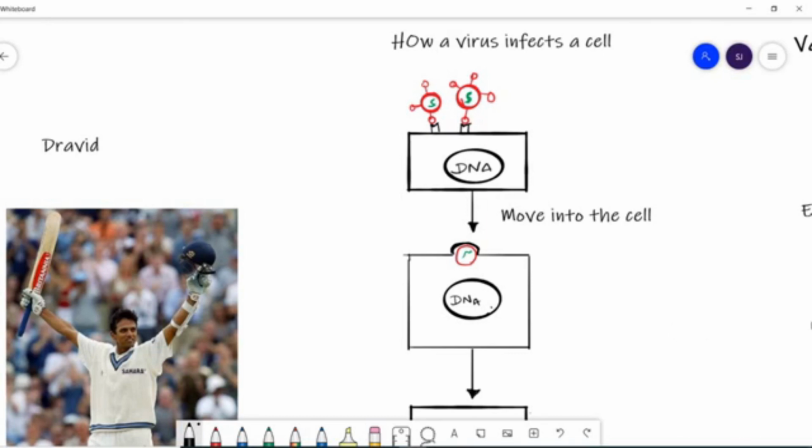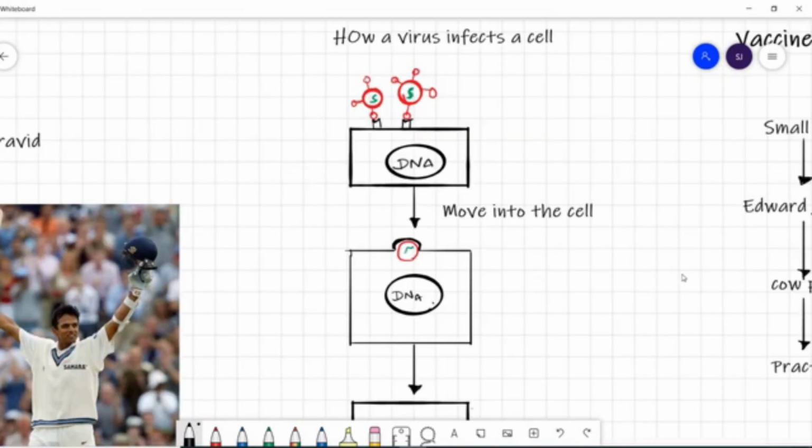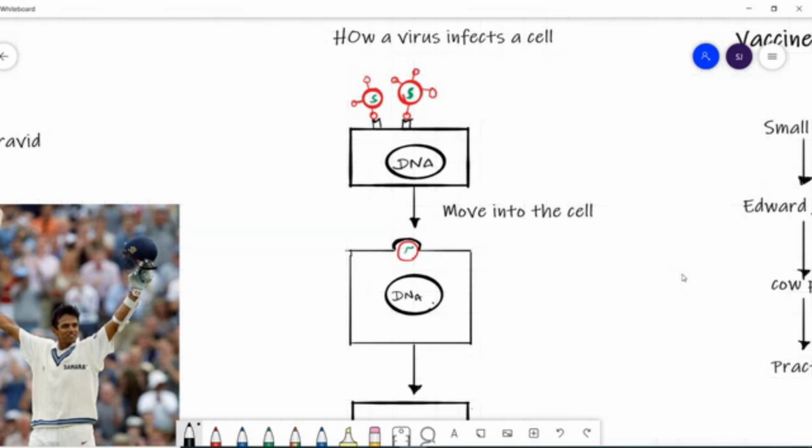In the case of, for example, there are so many viruses. In the case of coronavirus, let us assume this virus has a structure where it is circular and it has a spike. So this is called the spike, and this is the picture which we often see on TV.